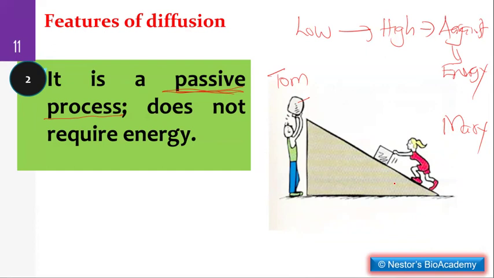Concentration gradient refers to the difference in concentration of molecules of a particular kind between any two regions. It's important to note that if the concentration of molecules between any two regions is the same, then we are not going to have net diffusion.